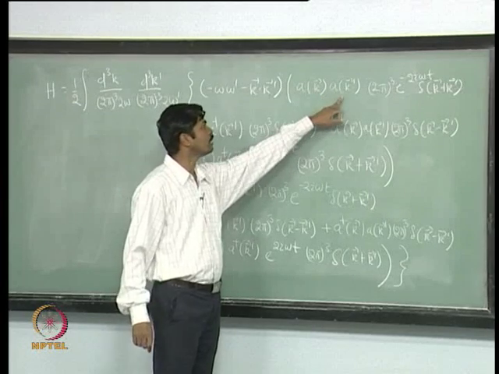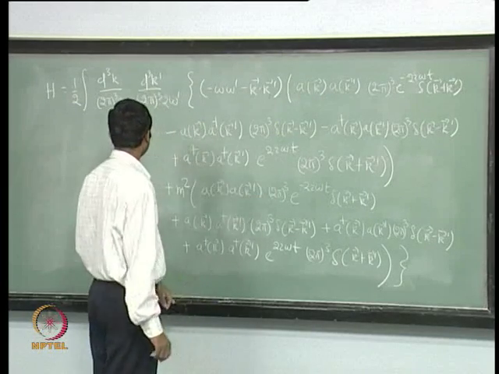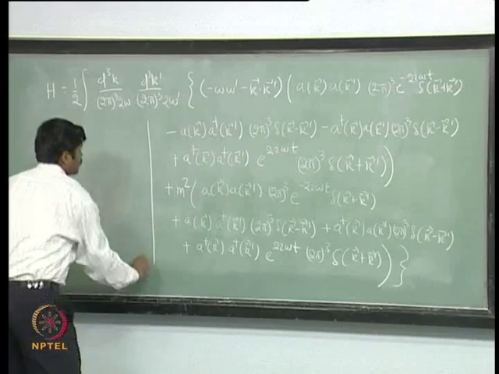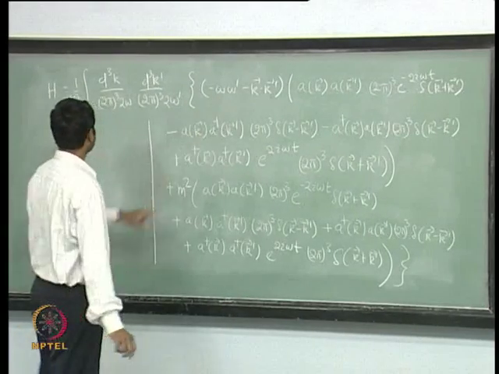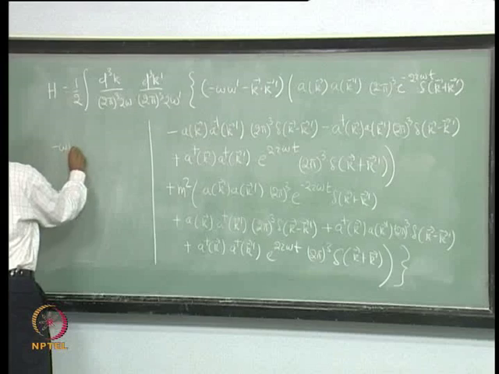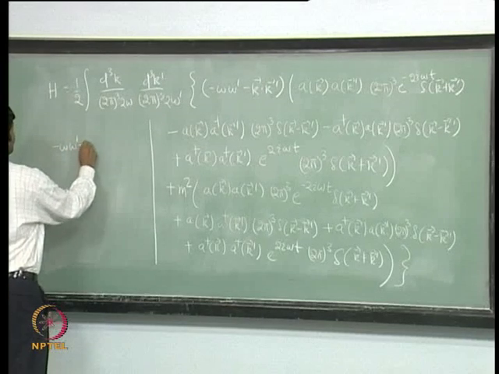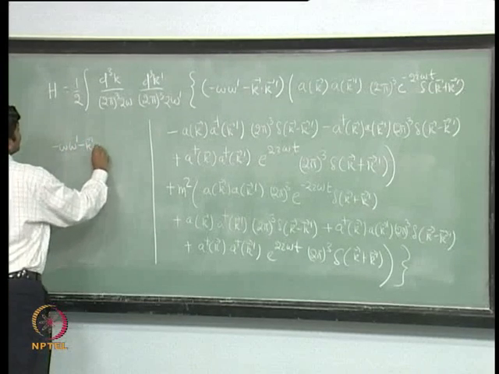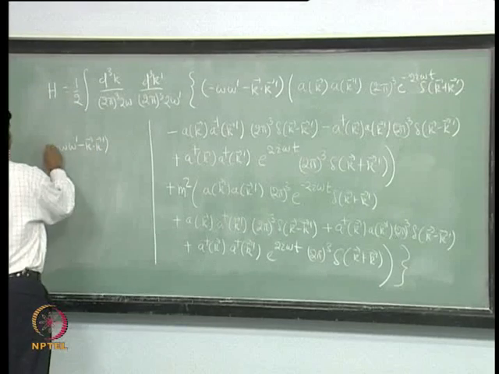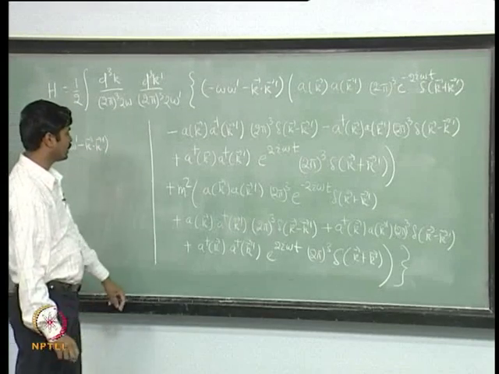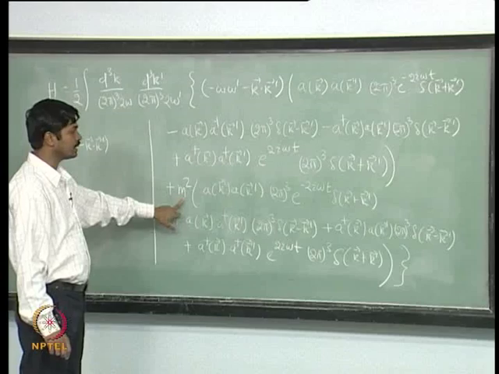In the first term, you have minus omega omega prime minus k dot k prime, and there is a plus m square here.